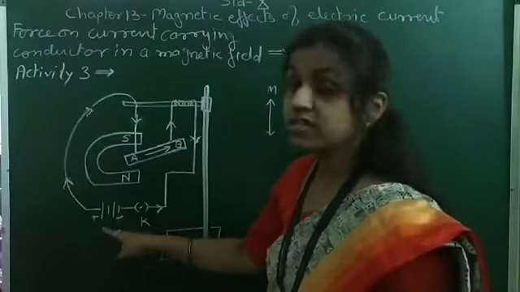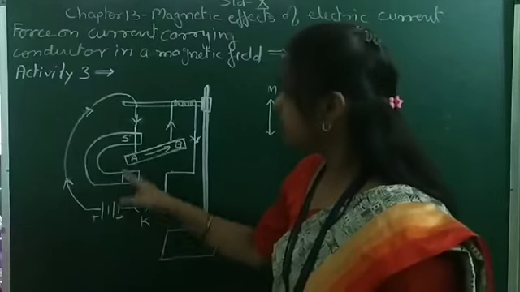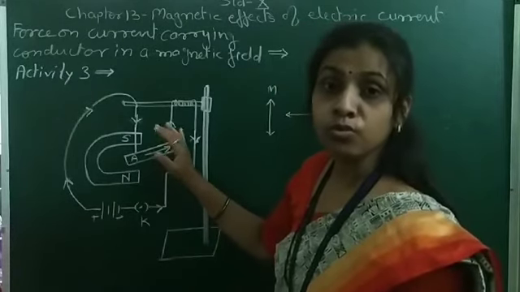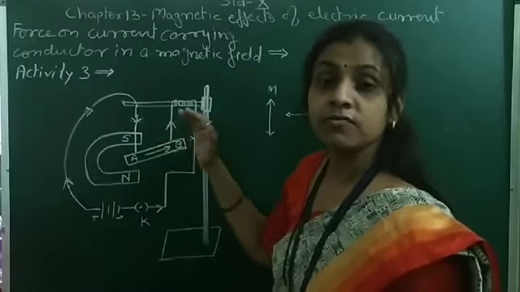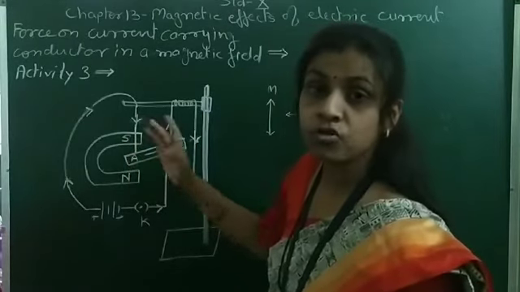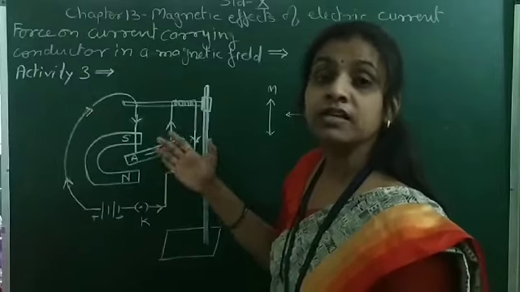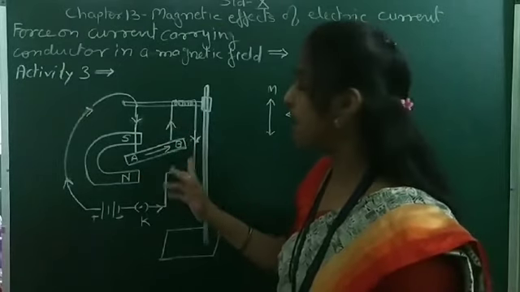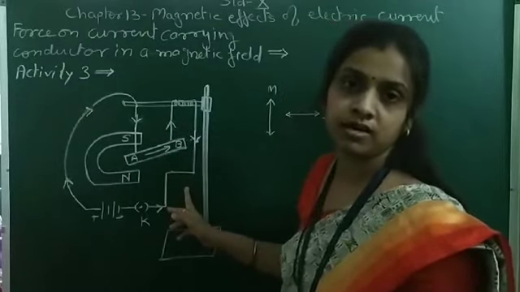Now if we change the direction of the current, the aluminium rod moves towards the right. Here also the magnetic field exerts a force on the aluminium rod, but the direction of the force gets changed as we change the direction of the current.